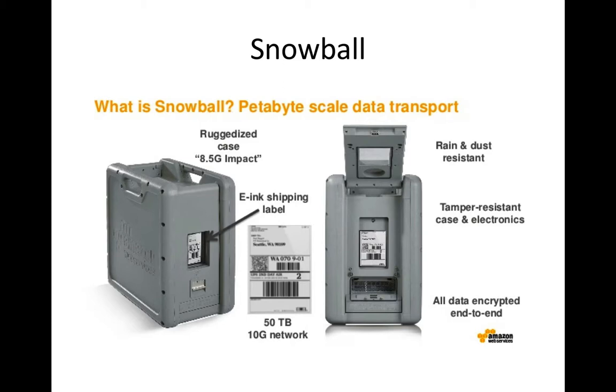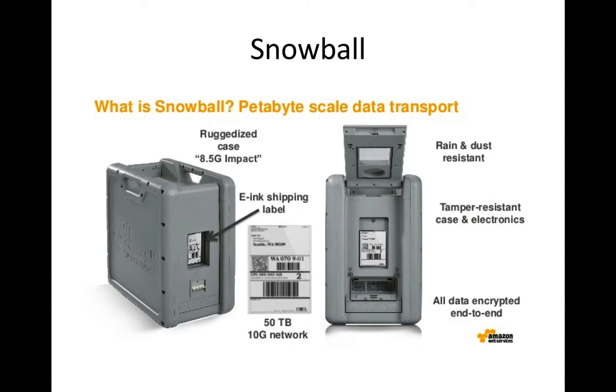Well, sometimes it's just easier to copy that data to a hard drive or set of hard drives and ship it to somebody versus trying to push it over the internet.